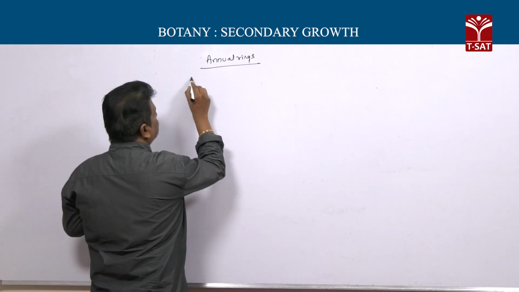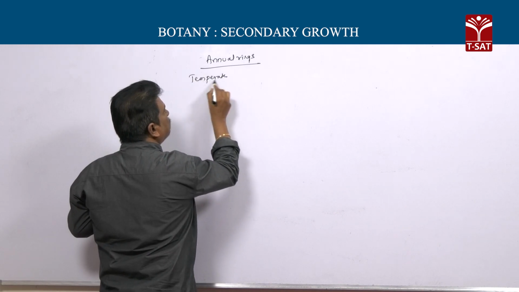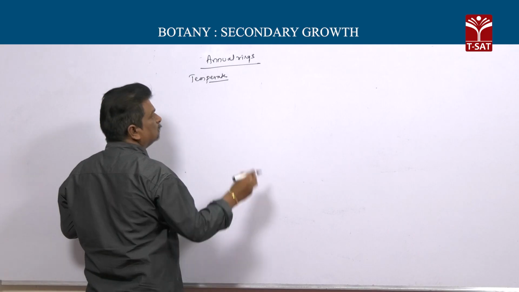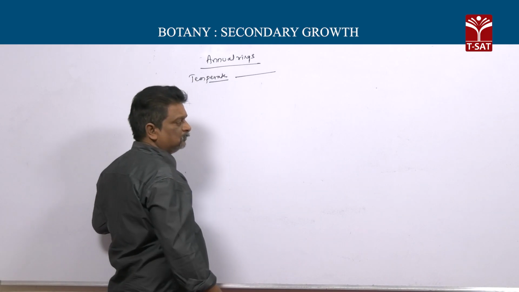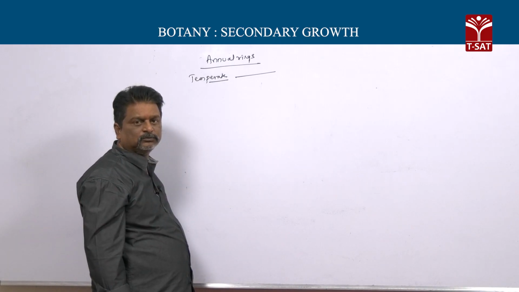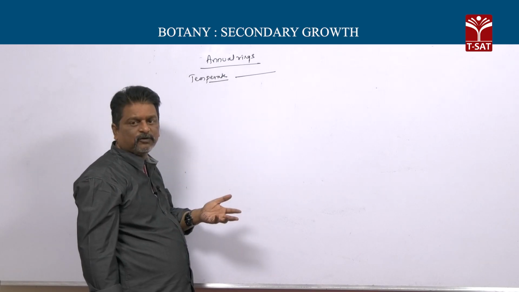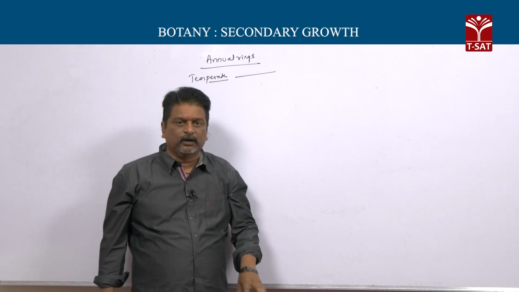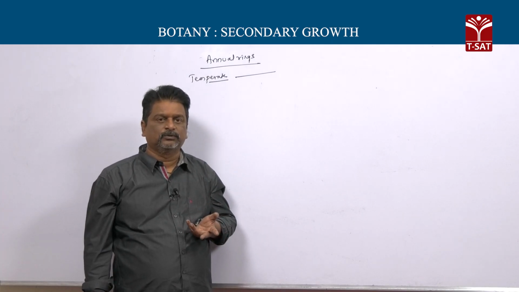Particularly in temperate plants, in spring season, new leaves are formed. New leaves show high metabolic activity. It means they need more water.